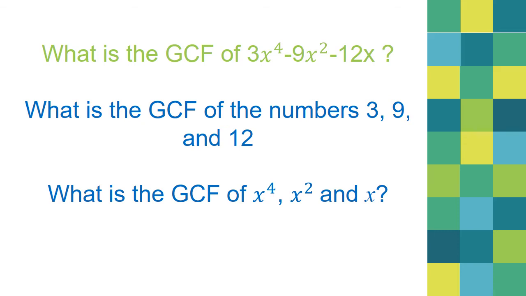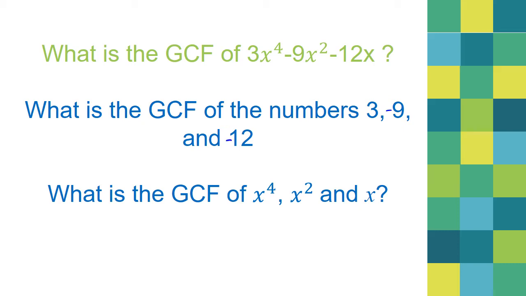Now let's take a look at a polynomial. Again, don't have to write this down. I always separate it out into look at the numbers and then look at the letters or the variables. So in this case, I'm going to look at the numbers first. I have a 3, a -9, and a -12.